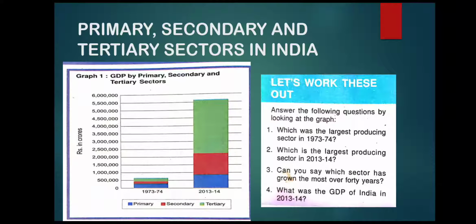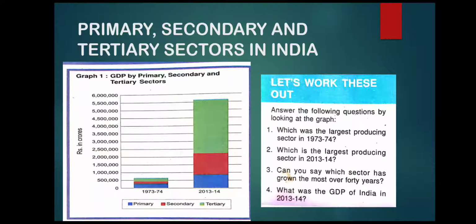The first question is, which was the largest producing sector in 1973-74? So the largest producing sector in 1973-74 was the primary sector. The second question is, which is the largest producing sector in 2013-14?